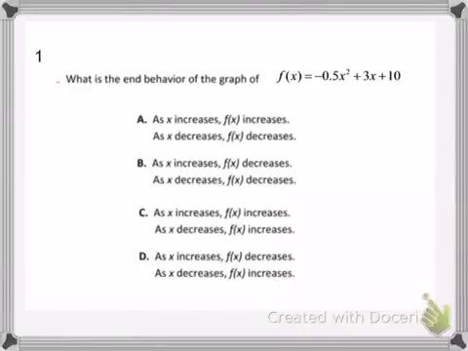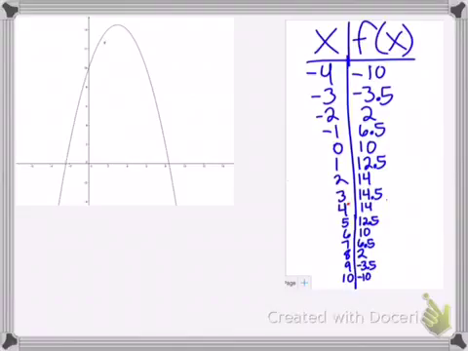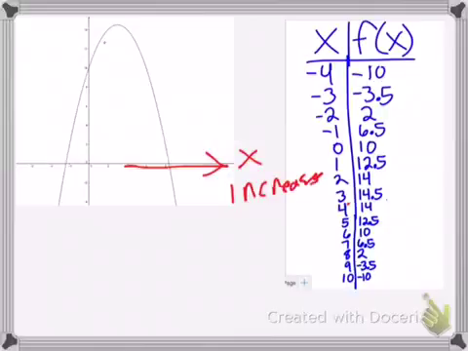Alright, so right here, what is the end behavior of f of x equals negative 0.5x squared plus 3x plus 10? So we look right here at our graph. As x increases, y decreases.